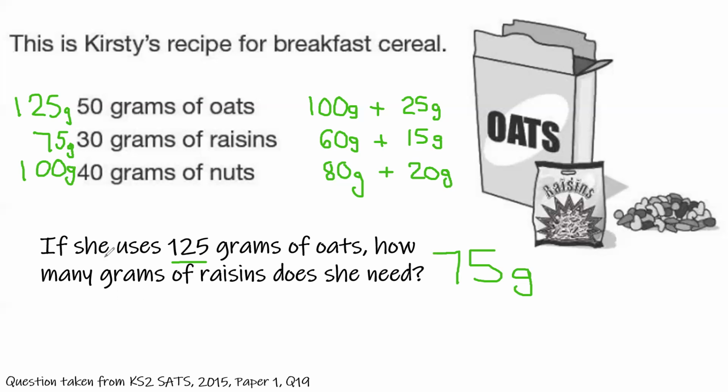This type of question is a really good type of question. It's one that comes up so often, and it's also really useful in real life. So it's the sort of thing where this recipe might do one person, but you're cooking breakfast for your whole family, so you need 4, 5, 6 portions instead. So then you're having to think, right, I need to times it by 6, times it by 2, depending on how many people you need the recipe to serve.